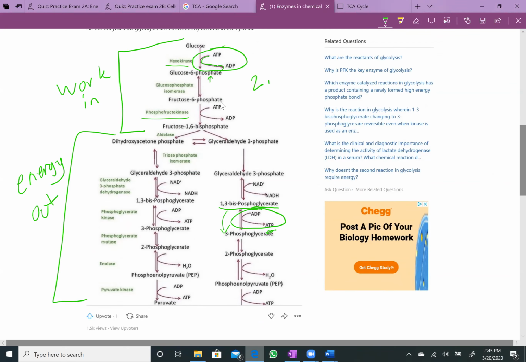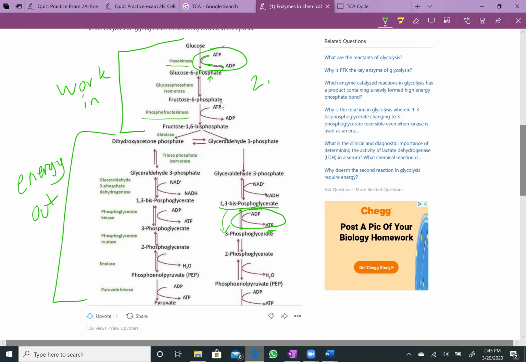This will get broken down further to a molecule called pyruvate. And as it's getting broken down to pyruvate, these phosphates that were added into the system will get broken off, and you're going to get 4 ATP out, for a net total of 2 ATP. So that's happening in the cytoplasm of the cell.